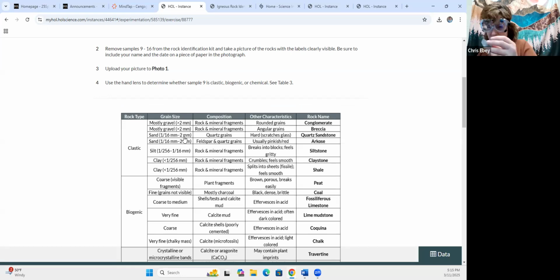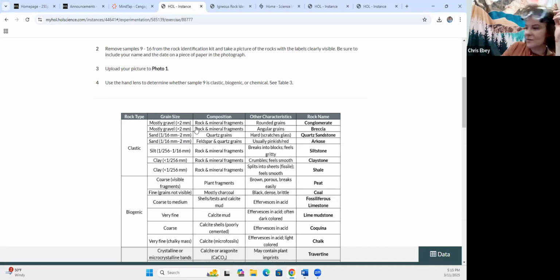It would be helpful if you had a ruler so you can take a look at your grain size. Oh, I picked up the wrong thing. There's my sample 9 again. So in this one, I would probably take 2 separate answers for number 9, because my number 9 is a mix of particles that are greater than 2 millimeters.